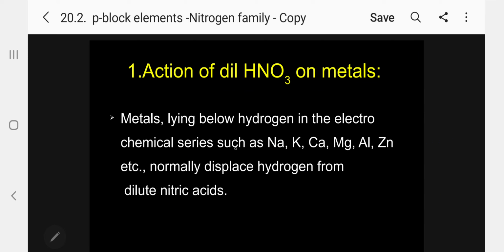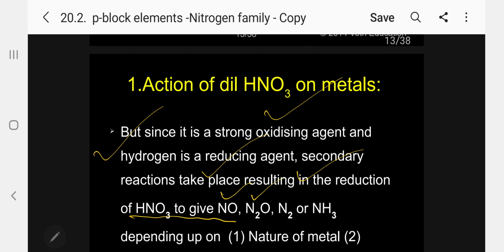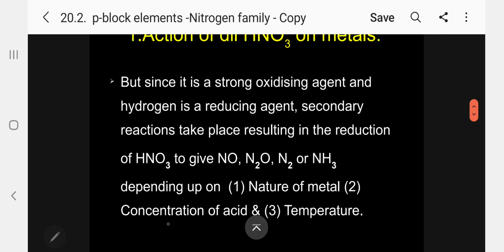Kindly follow. But since nitric acid is a strong oxidizing agent and hydrogen is a reducing agent, a secondary reaction takes place between hydrogen and nitric acid, resulting in the reduction of nitric acid to give NO, N2O, N2 or ammonia, depending upon the nature of the metal, the concentration of the acid used and the temperature.